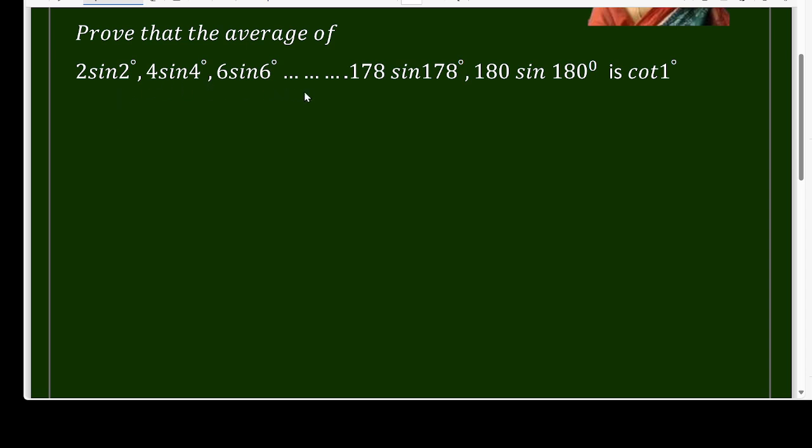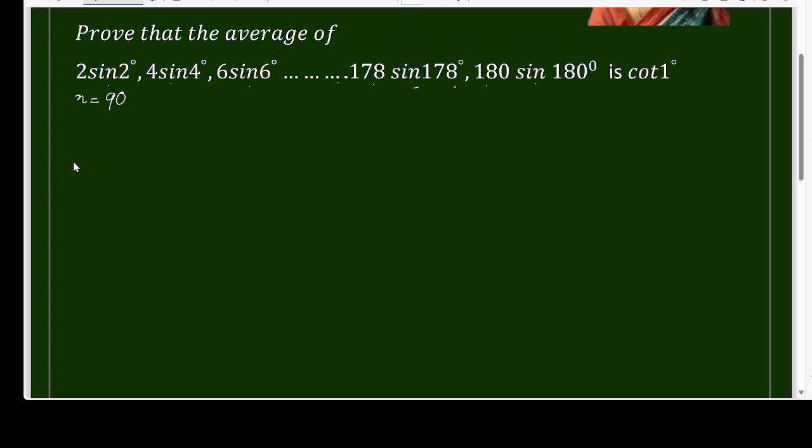So we know the mean and average. How many terms are there? 1, 2, 3, 4 up to, it will be 90 terms. It will be 2 degree, 4 degree, 6 degree up to 180 degree. So there will be 90 terms, so n is equal to 90 here.